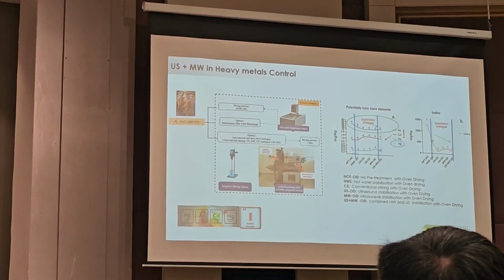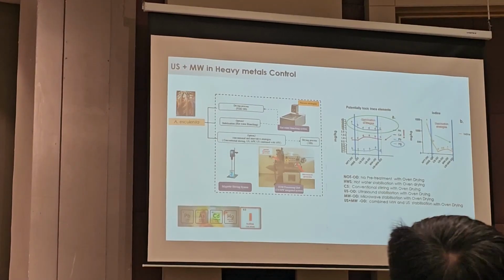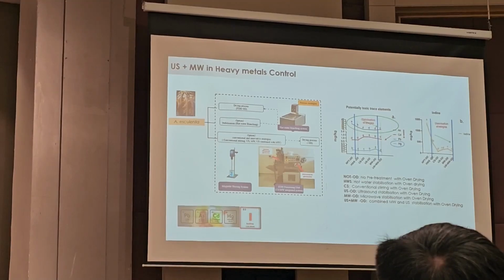In this seaweed, when different technologies with ultrasonics or microwave pre-treatment were carried out, not only for sterilization purposes to remove the background microbiota, we were also able to significantly reduce the iodine level, which allows it for product application.